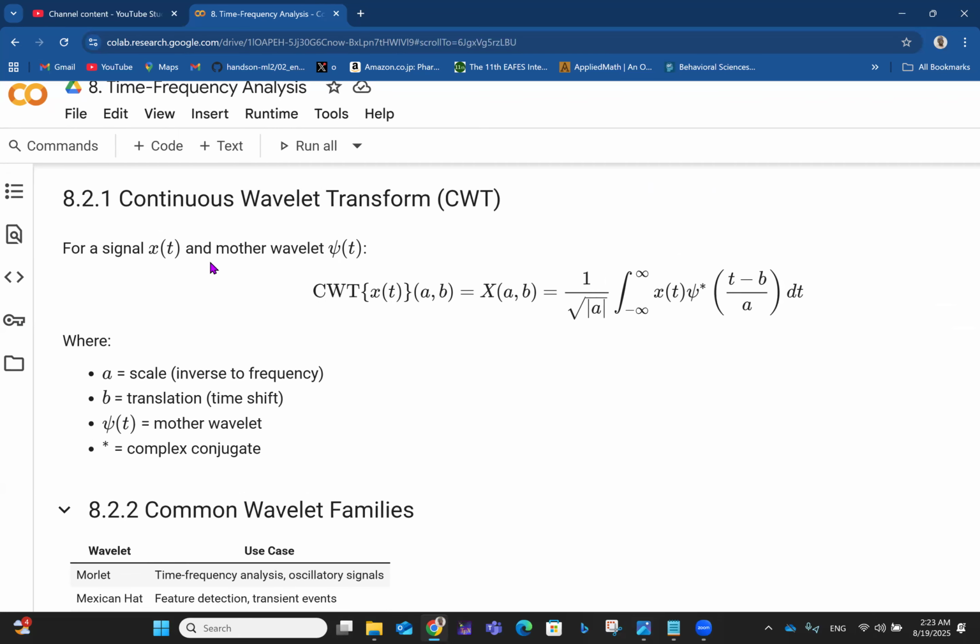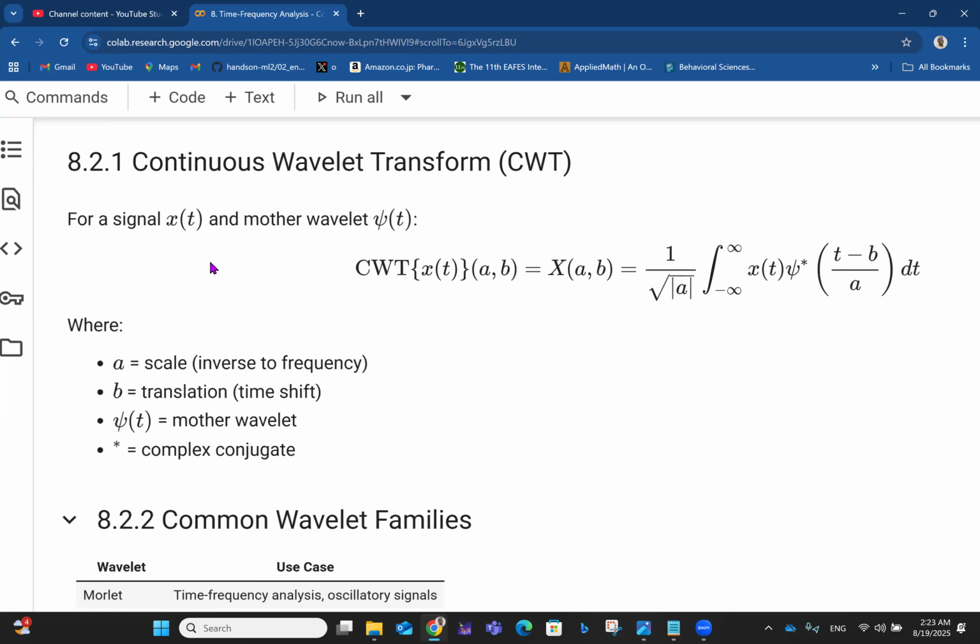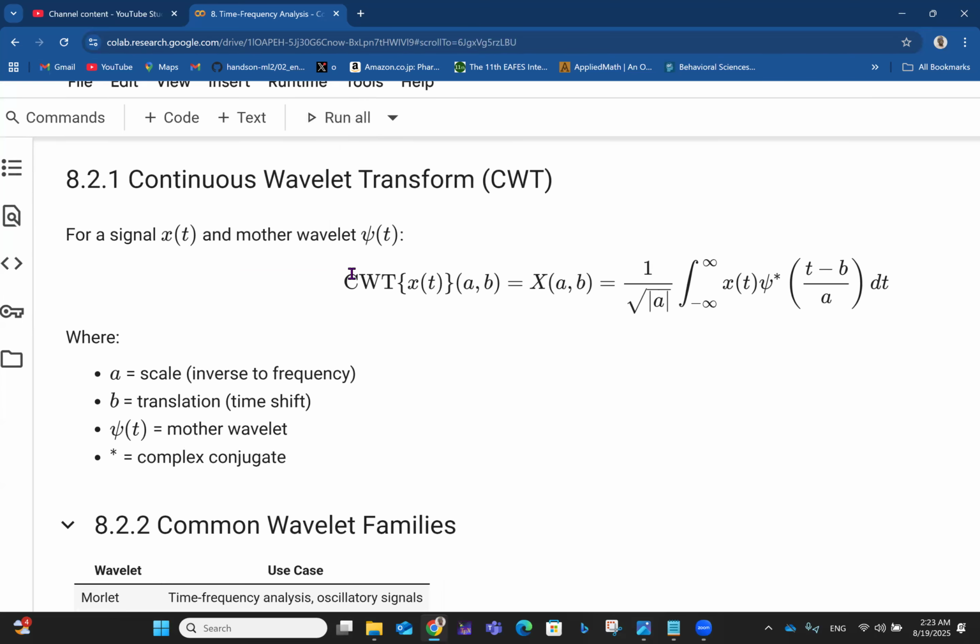For a signal x of t and a mother wavelet psi of t, the continuous wavelet transform of x of t for parameters a and b is X(a,b), which equals 1 over the square root of the absolute value of a, times the integral from minus infinity to infinity of x of t times the complex conjugate of the mother wavelet psi of (t minus b) over a, dt.